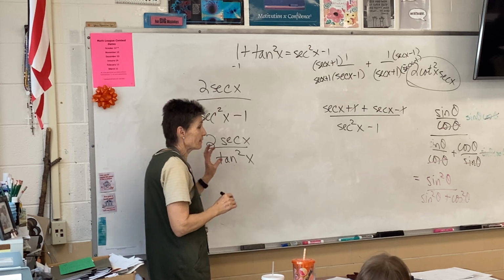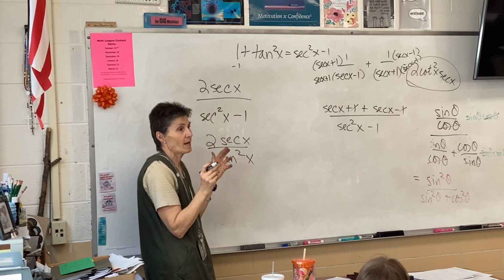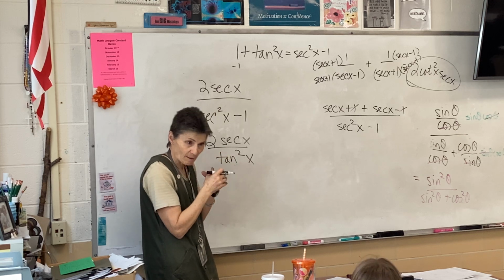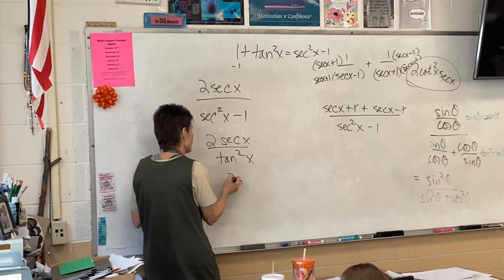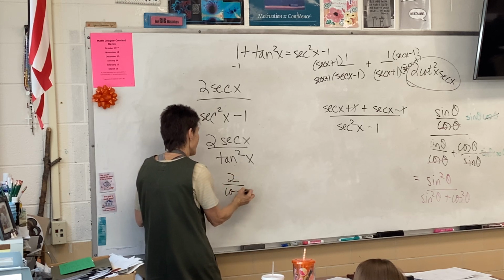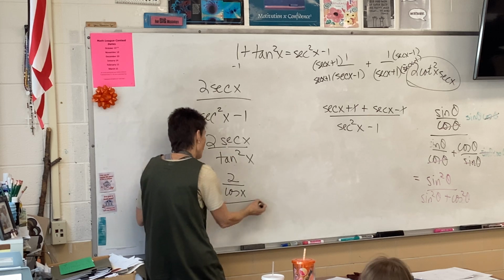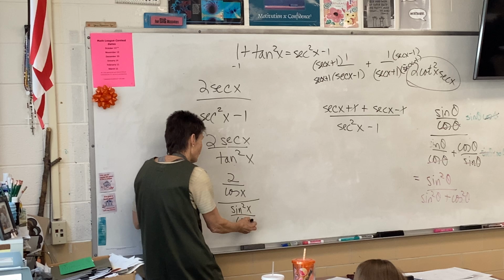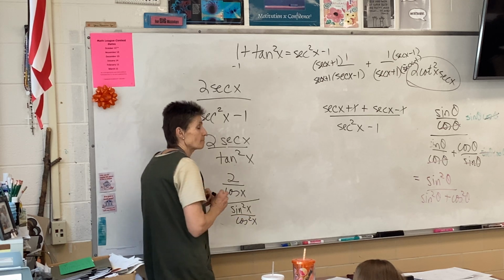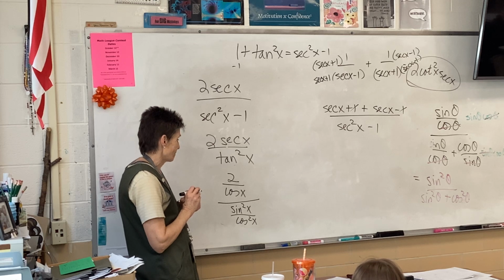Now, at this point, I think I'm gonna change everything into sines and cosines, because I'm really not sure what I have. So I'm gonna have 2 over cosine, remember, that's 1 over cosine, over sine squared over cosine squared. Agreed?